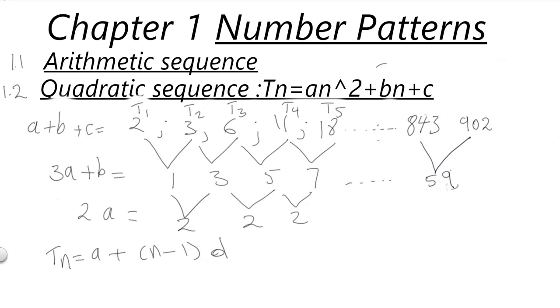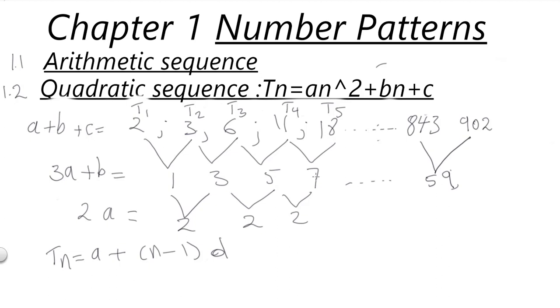Okay. So this is very simple. Here we don't know which term it is. Between which terms is 59? We don't know. What is important for you to know is that this is also a linear sequence. So if this is a linear sequence, 1 is our first term, 3 is the second term, 5 is the third term, 7 is the fourth term.